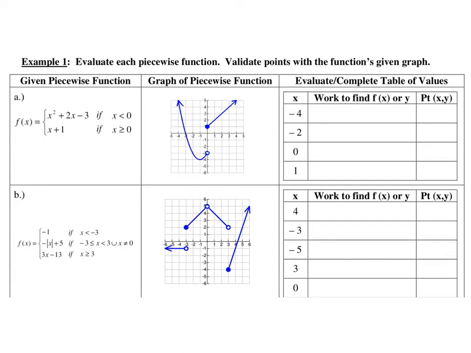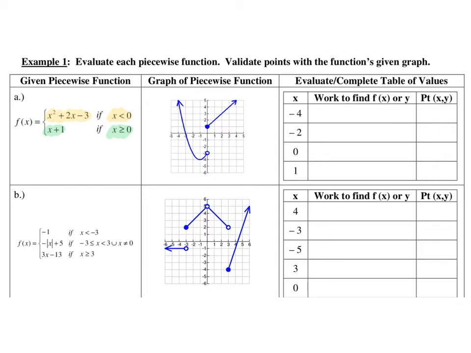Notice that this function is split up into two different subfunctions, x squared plus 2x minus 3 and x plus 1. The first subfunction's subdomain is x is less than 0, and the second function's subdomain is x is greater than or equal to 0.